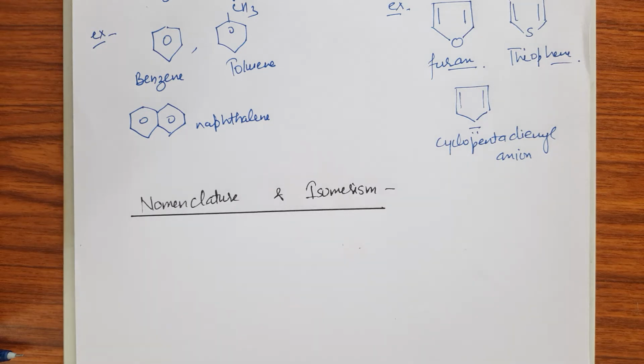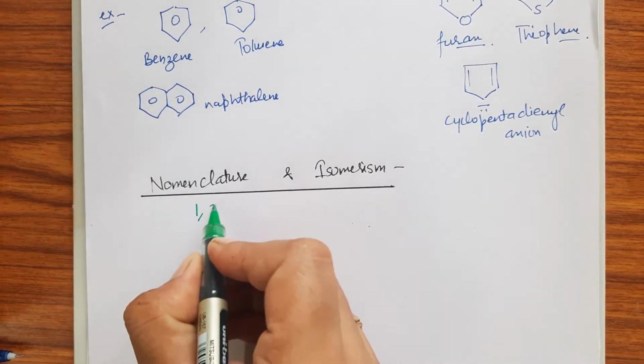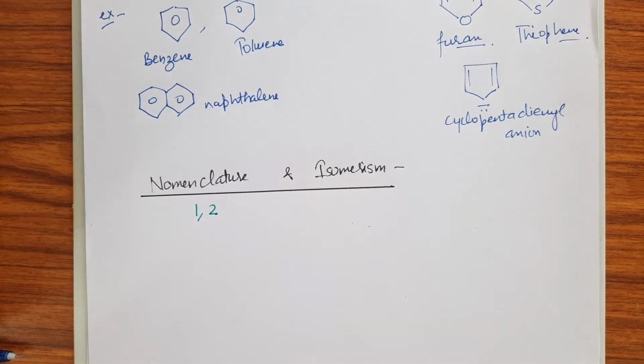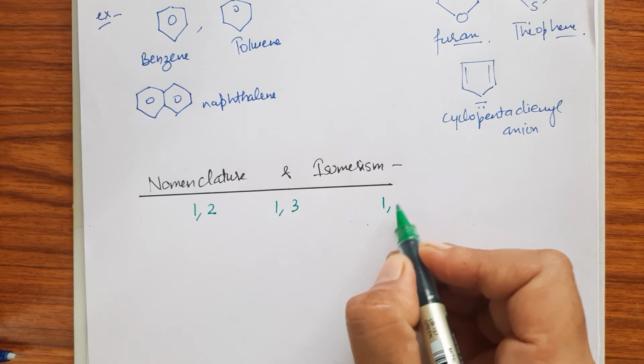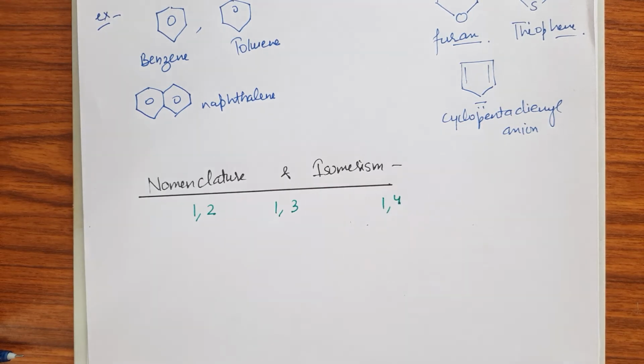When we replace two hydrogen atoms in benzene with similar or different atoms or groups, then there will be possibility of formation of di-substituted product, at 1,2 position, at 1,3 position, or at 1,4 position, right?